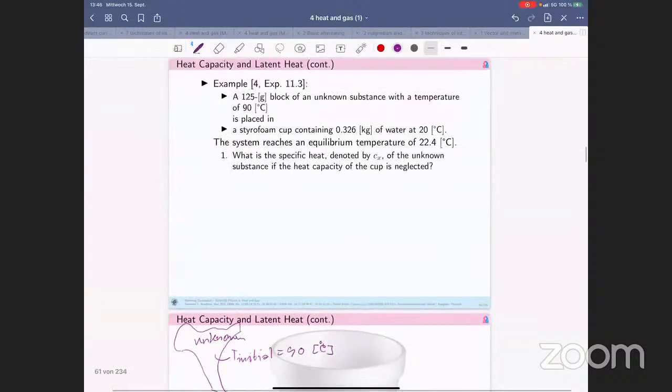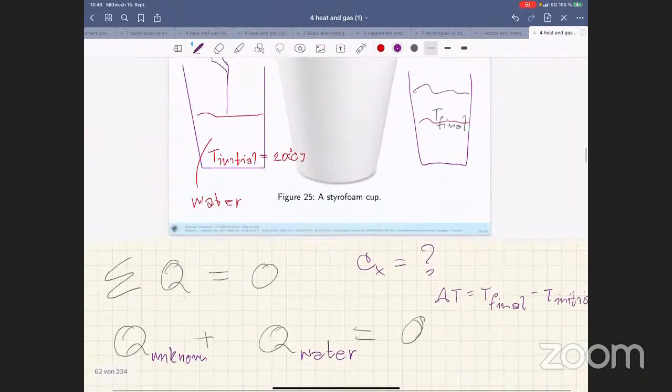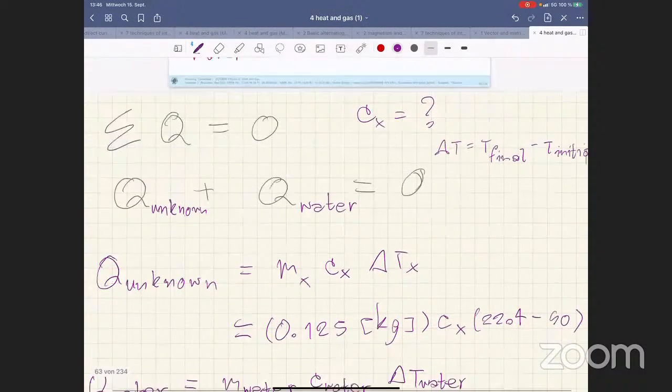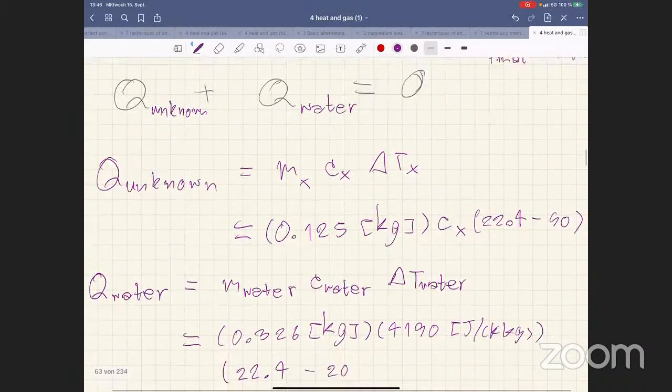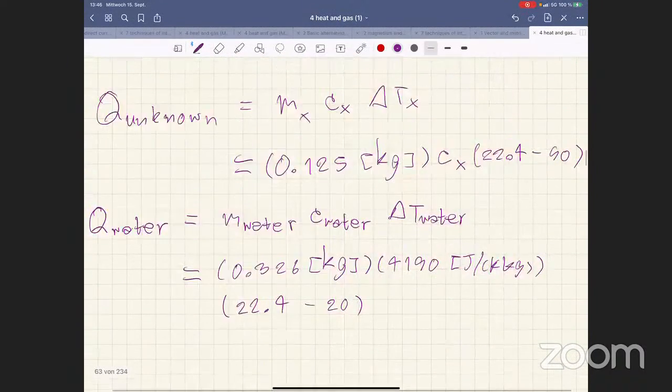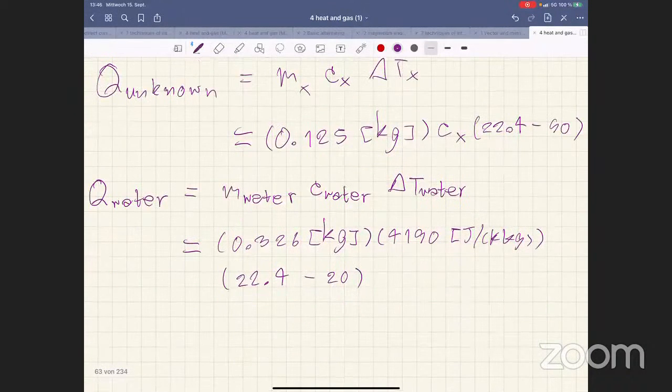All right. So we have the differences, right? That's okay. And we just want to find C, right?